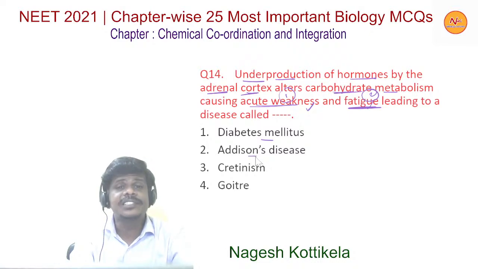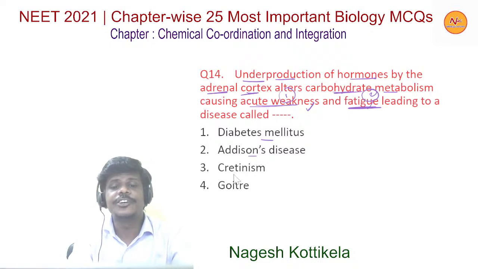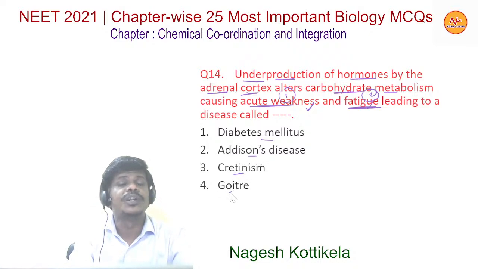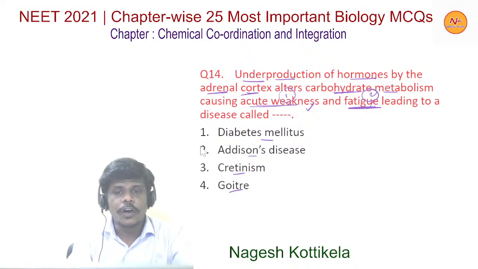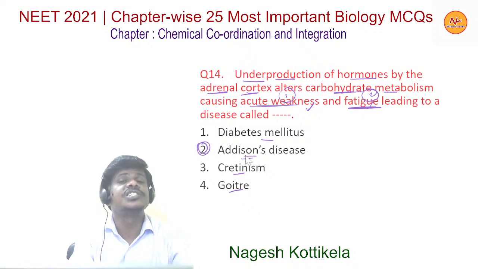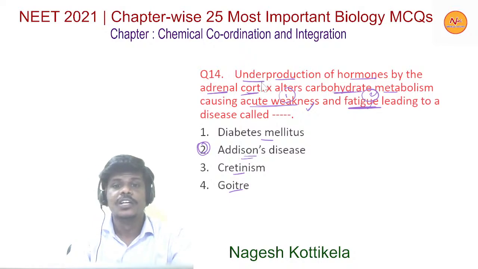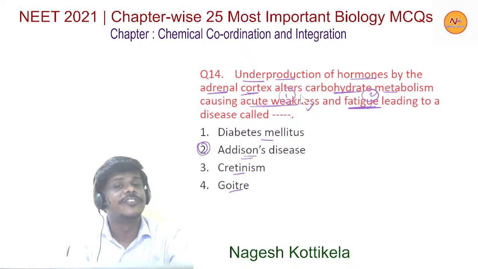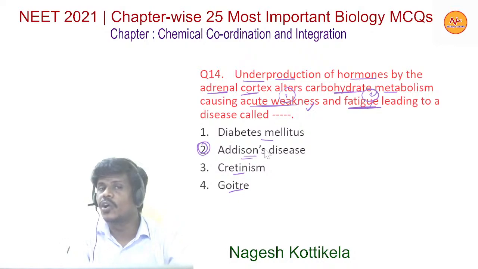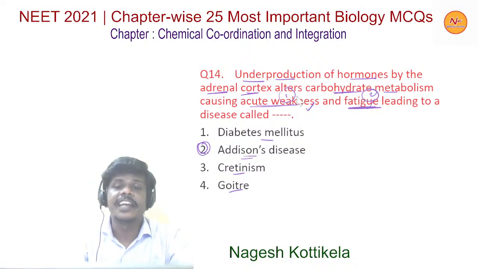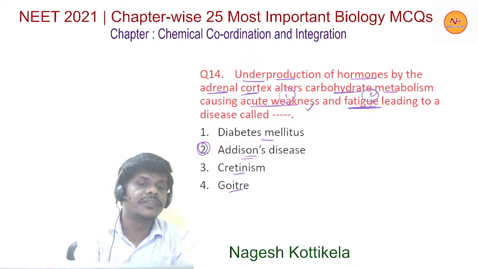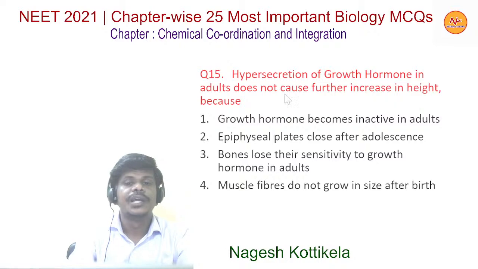Option 2, Addison's disease. Option 3, Cretinism. And option 4, goiter. Here, option 2, Addison's disease is the correct one. Underproduction of hormones by the adrenal cortex can result in Addison's disease, characterized by acute weakness and fatigue. Now, moving to the next question, question number 15.